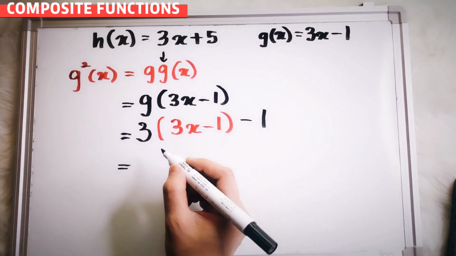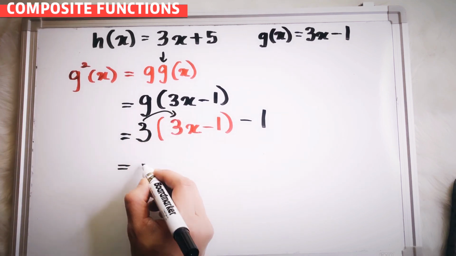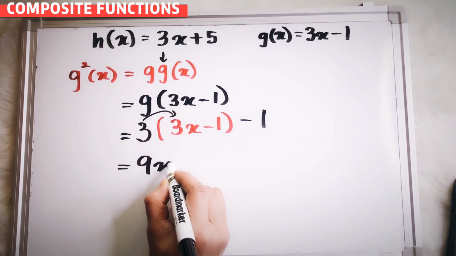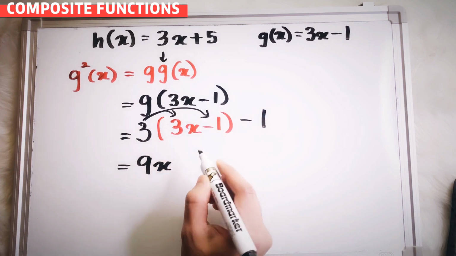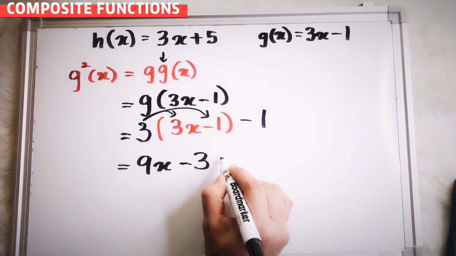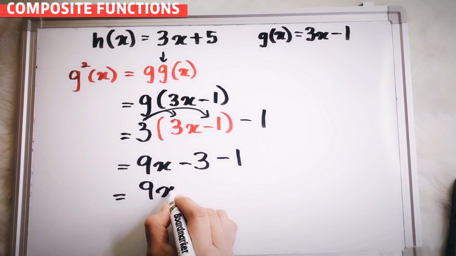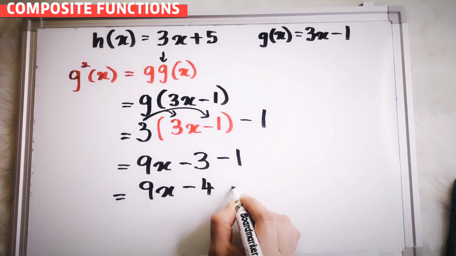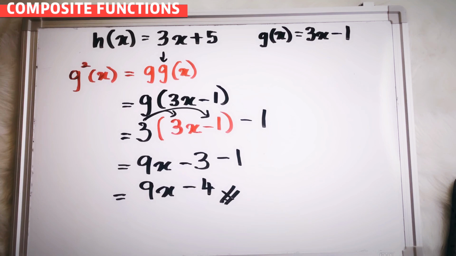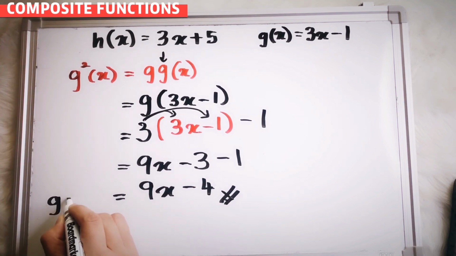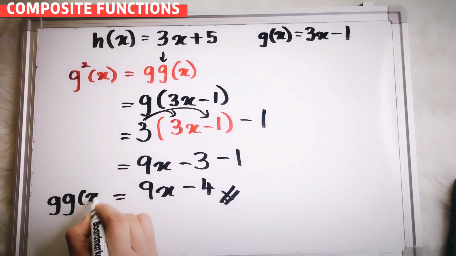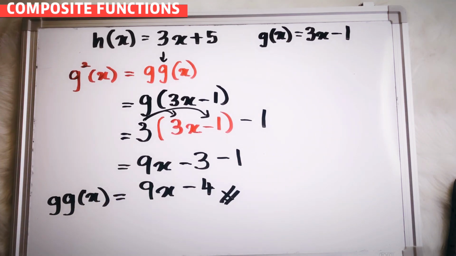Now we expand, we can get here 9x, negative 3, negative 1. Then we can get 9x minus 4. Alright? Okay, so this is our g square x function.